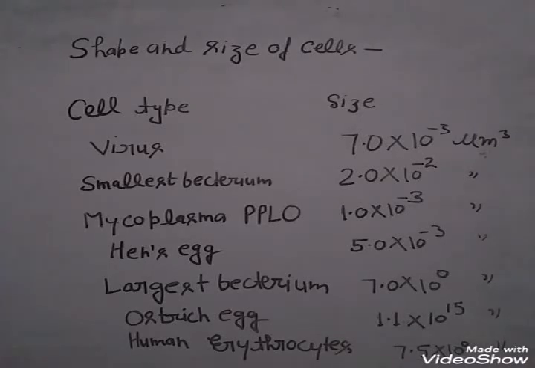Since these cells perform different functions, they have different structures. The following table shows the shape and size of cells. Different types of cells have different shapes and sizes.